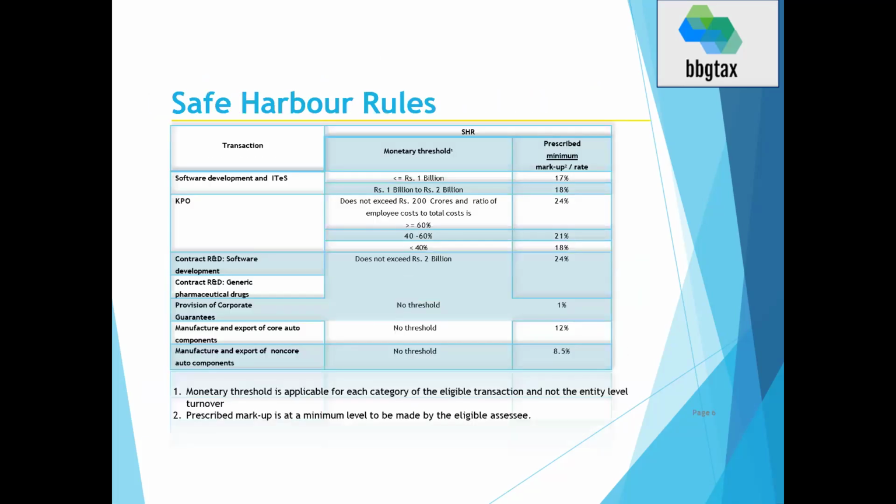If you notice this slide, it gives various categories for which safe harbor rules are provided: software development, ITES, KPO, contract R&D for software development, contract R&D for generic pharmaceutical drugs, provision of corporate guarantee, manufacture and export of core auto components, and manufacture and export of non-core auto components. Then there are certain monetary thresholds, and accordingly the markup is provided.